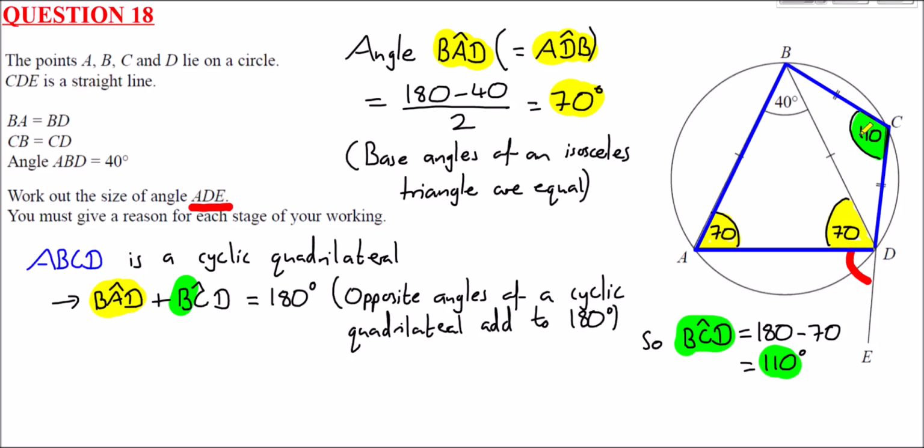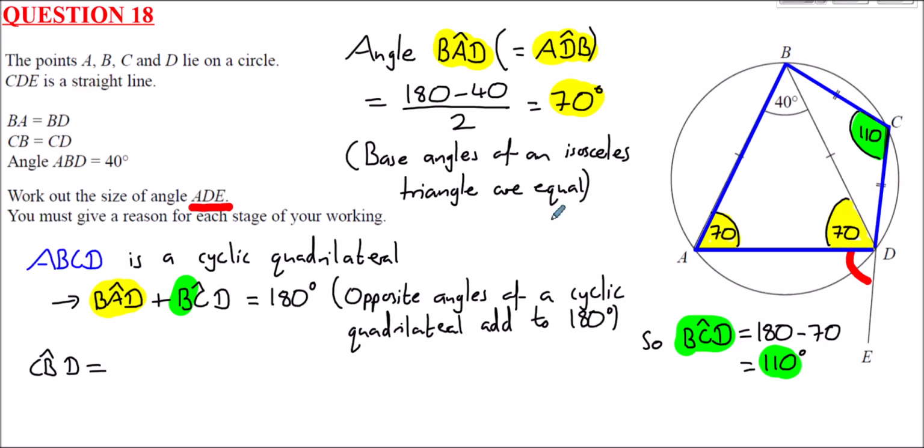So now, again, we can consider BCD as a triangle in its own right. So if you notice again, because we're told that BC equals CD, this is another isosceles triangle. So we can now say that the angle B, so I'm going to call that CBD, that's going to equal this one as well, because remember, base angles of an isosceles triangle are always equal.